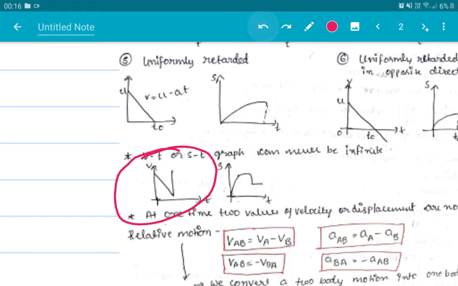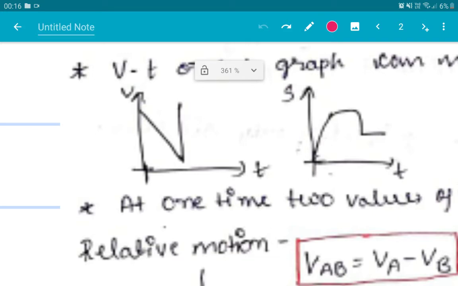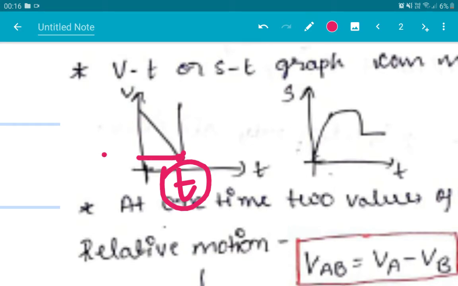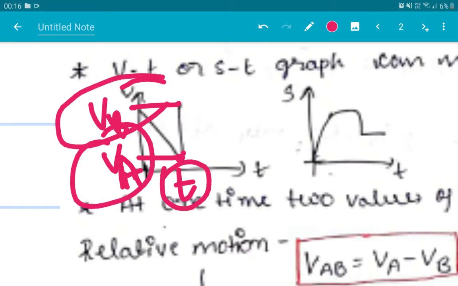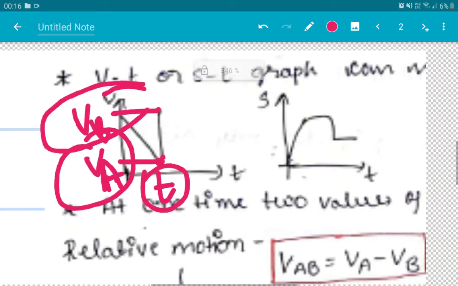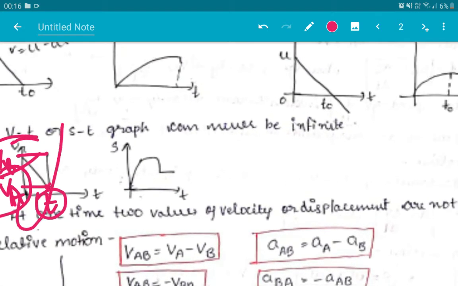See in this graph, at this particular time, suppose this t, the speed of the particle is va, and also this vb. So at the same particular time two speeds are there. That is never possible. So hence this graph is wrong. This is a wrong graph. So graphs can never be like this, even at this point also. So it can be like this.